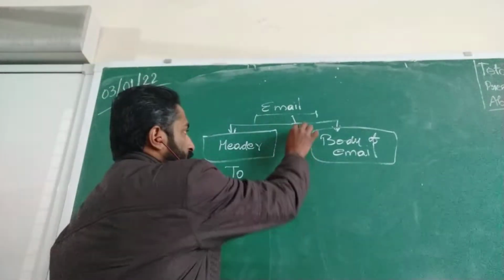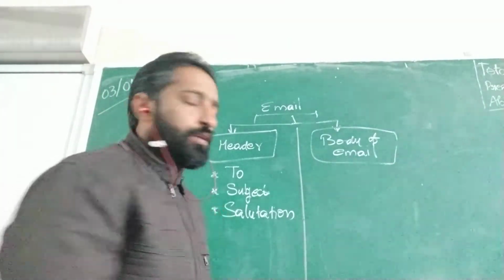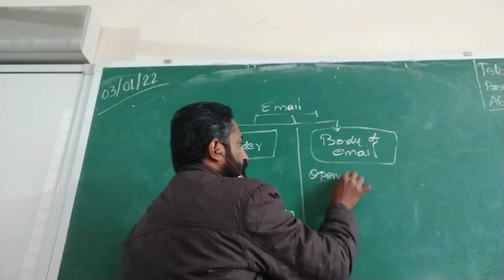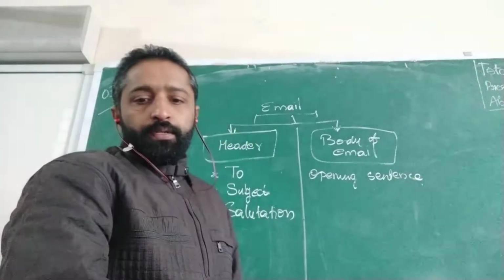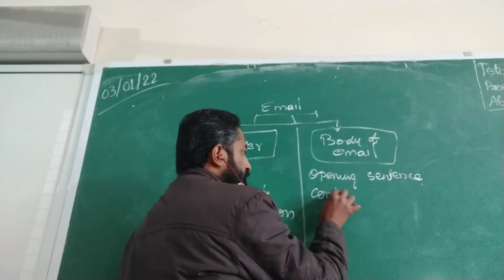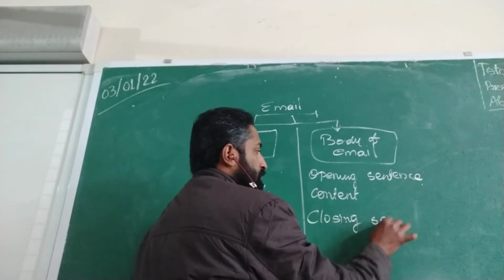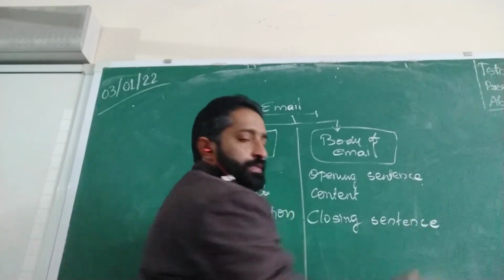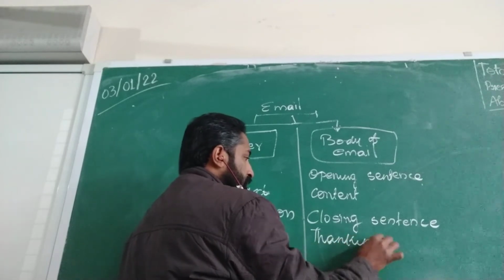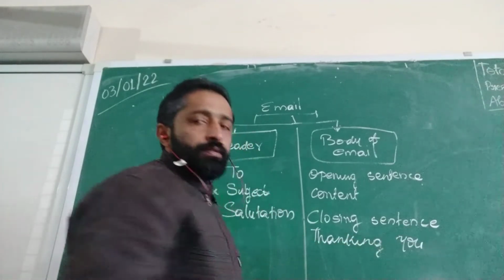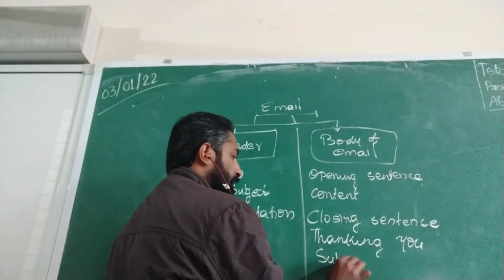Now, what does the body of email contain? The body of email contains opening sentence, so first word. Second, the content. Next is closing sentence. Next one is thanking you. This particular sentence has to be written there, thanking you. Then you write a subscription.